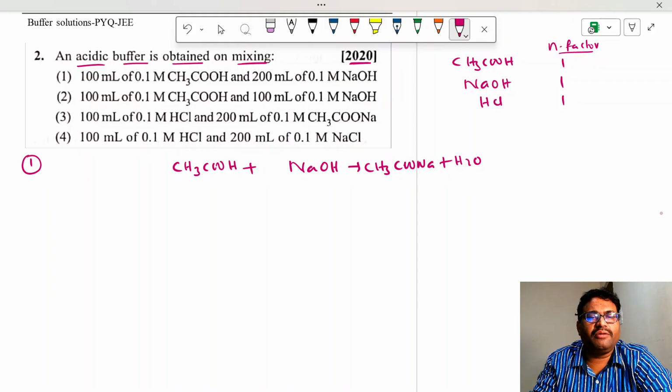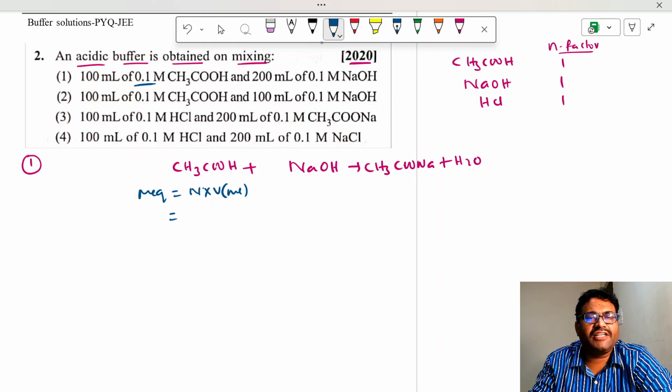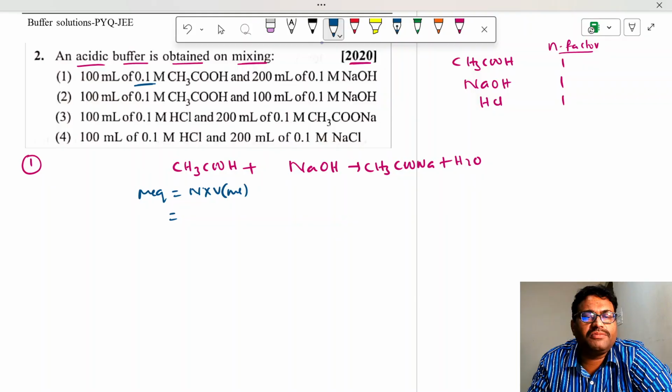So let us take milliequivalents here. The formula is normality into volume in milliliters. Here molarity is equal to normality. Let us habituate solving the problems in milliequivalents, because we do not know when the n factor will change.